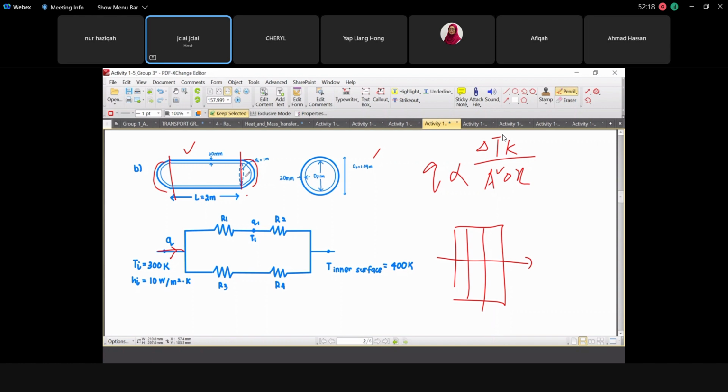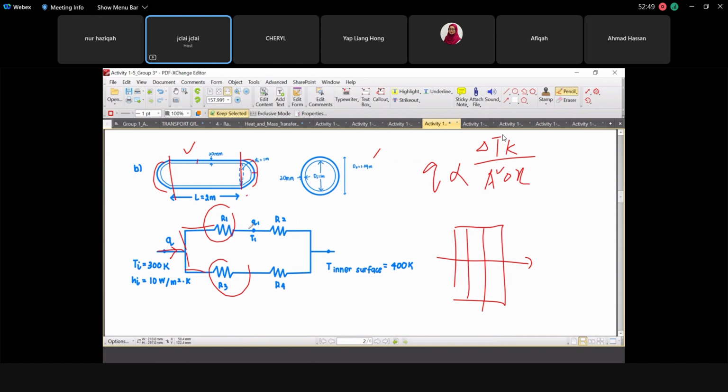So in order to calculate them, you have to divide them into two parts: one through the cylinder, one through the sphere. When it passes through, R1 and R3 are actually through conduction.